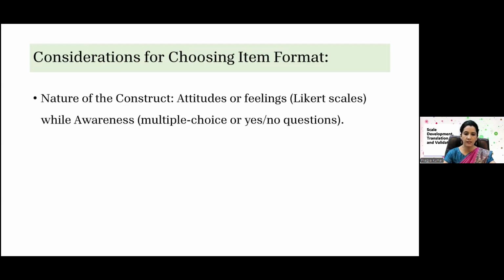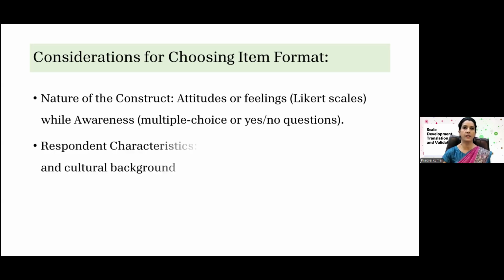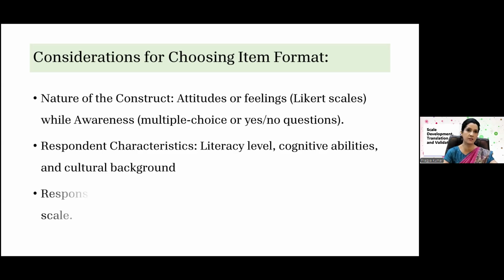Now, what will you consider for choosing the item format? These are the considerations. You first see the nature of the construct. Generally, if it is an attitude or a feeling, you decide on a Likert scale. If it is awareness or knowledge, you decide on a multiple choice question or a yes/no question. If it is regarding the respondent characteristics like literacy level, cognitive abilities, and cultural background, you need to understand those.